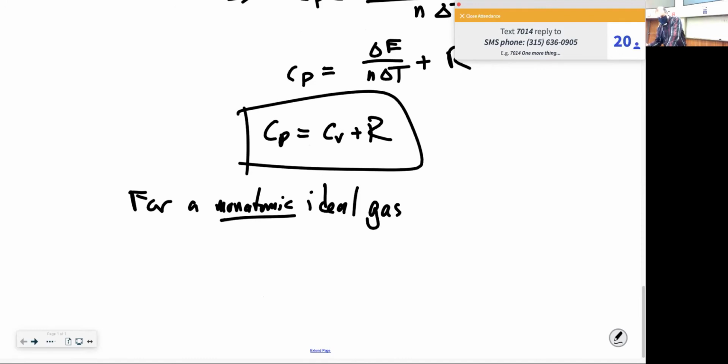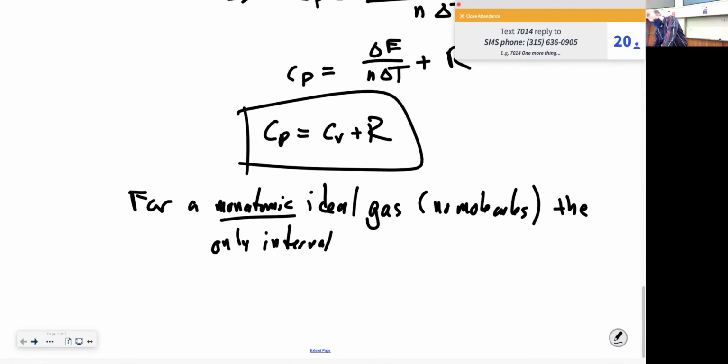I mean no molecules, single atoms only bumping around in your gas, which we know isn't true for like the air we're breathing right now. That's okay. We can generalize this in a minute. The only internal energy is due to translational kinetic energy.